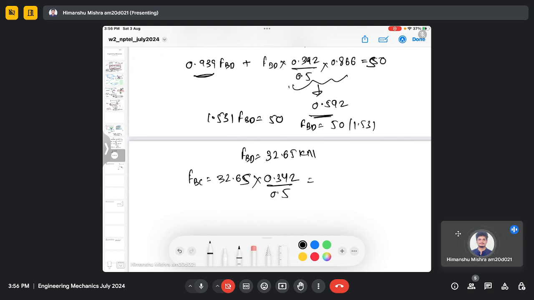So you can straightforwardly calculate this quantity. So this is our FBC and this is our FBD.